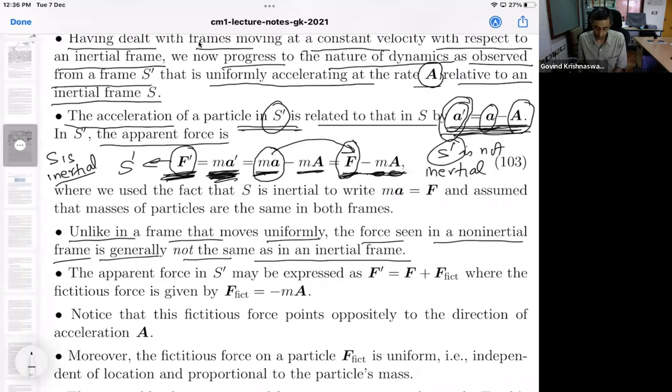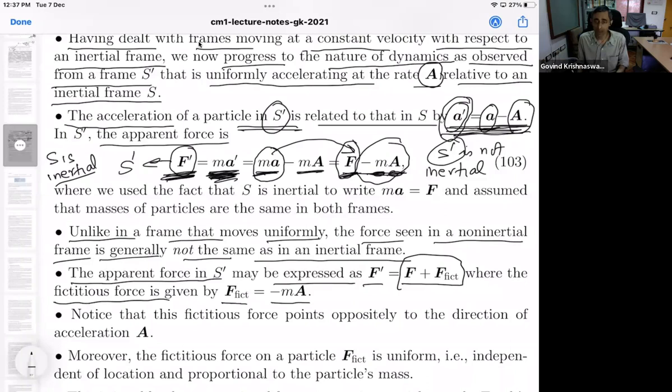The apparent force in S prime may be expressed as F prime is equal to the original force plus what we call a fictitious force, where the fictitious force is given by F fictitious is equal to minus m times capital A. We are assuming that capital A is a constant acceleration. That is the case we are discussing here.